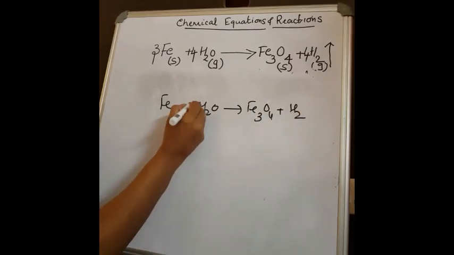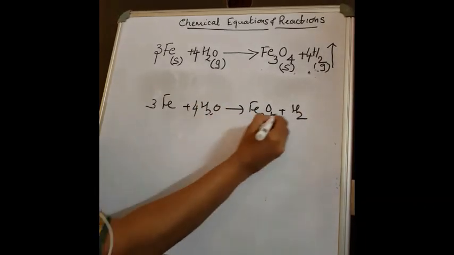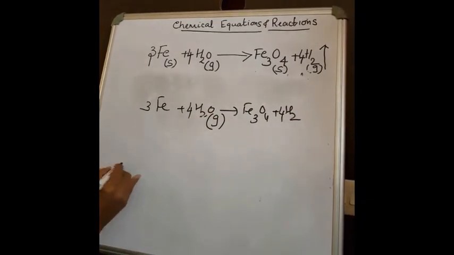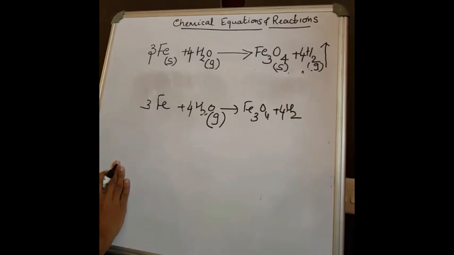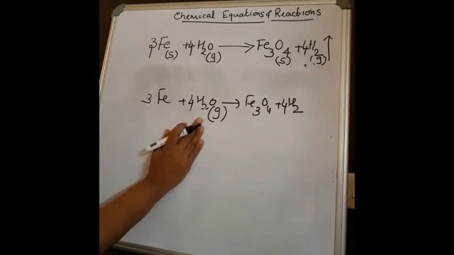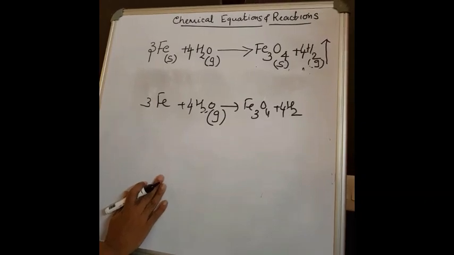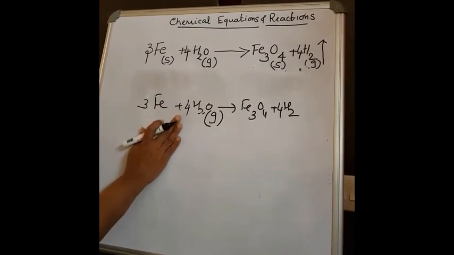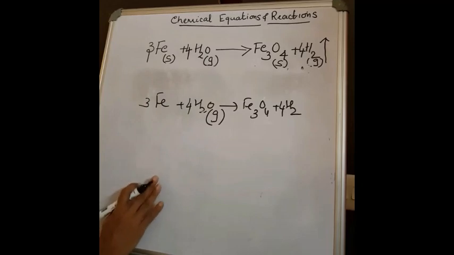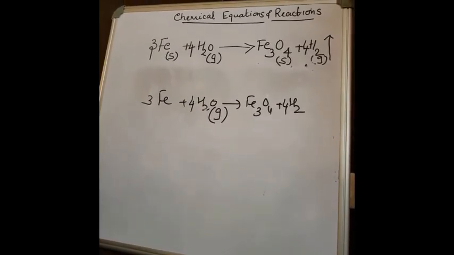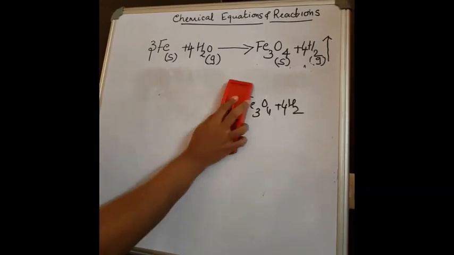But in this case, you have to put what? You have to put the physical state as gas. So that is why this is important. Okay. So this is about how we can make a chemical equation more informative. Okay. So I hope you understand this.